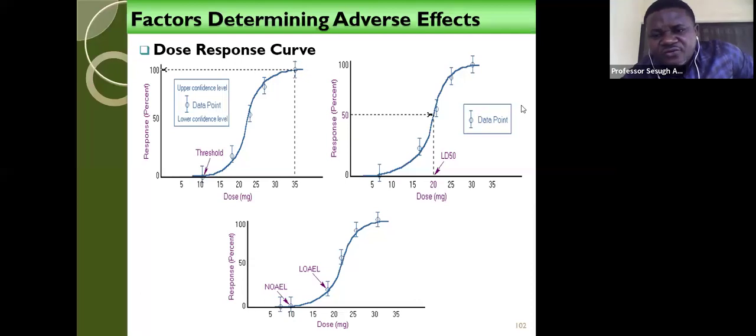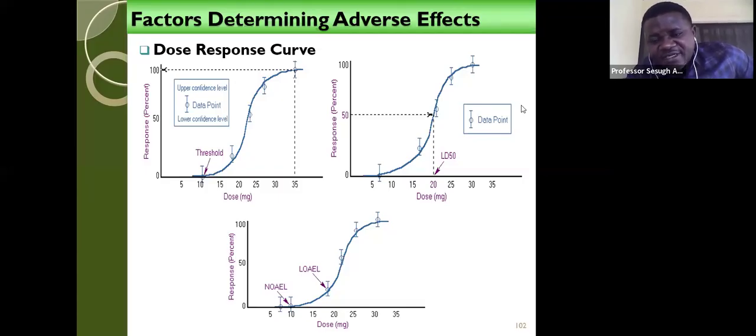Now, if you move to the second one, by the time 20 milligrams were administered to a population of the organisms, 50% of the organisms were killed. That is the implication of what you are seeing here.